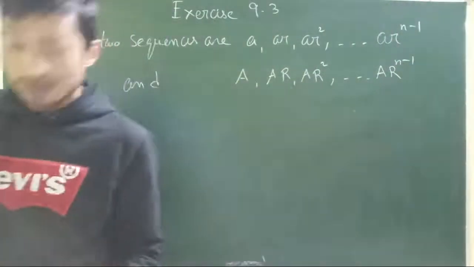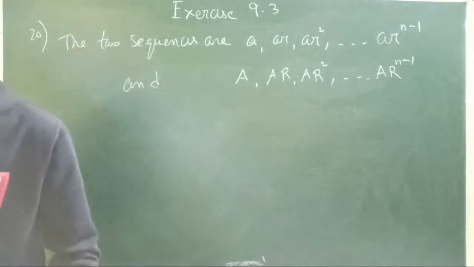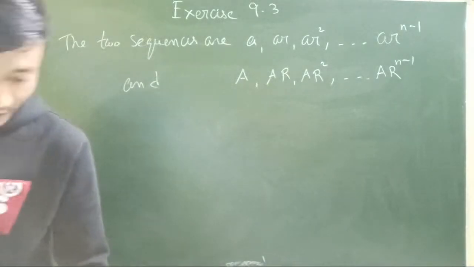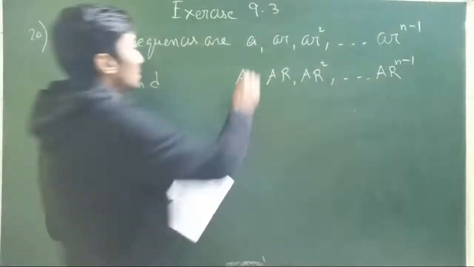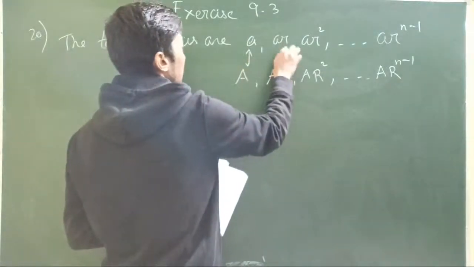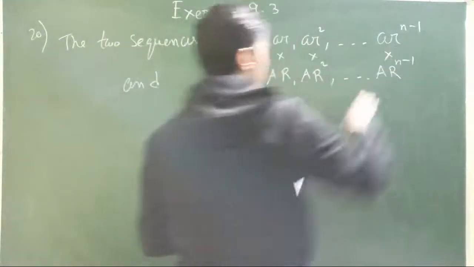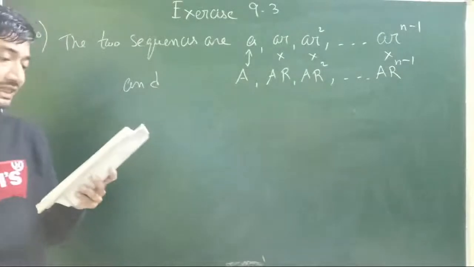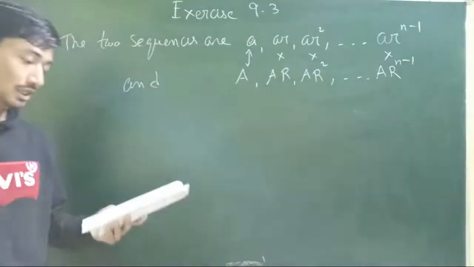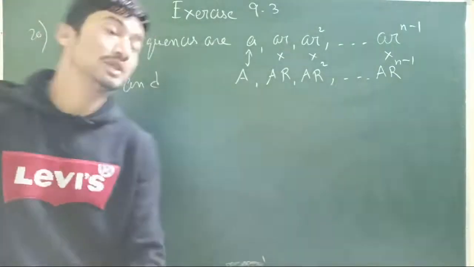So again, almost a similar question to that last question, which states, show that the product of the corresponding terms form a GP. Let's find out the product. After that, we will see what we can do.